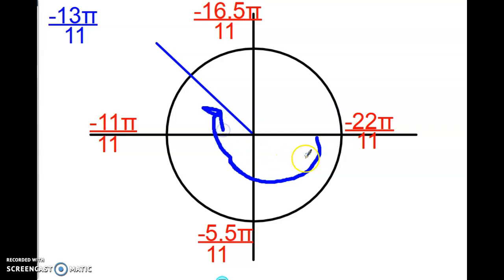Remember, I walked around the room and told you to do all that. And there you go, folks. So this is my terminal side. Now I got to get back to the x-axis. And if I'm at 13, I got to get back to 11, which is 2. And therefore, our reference angle, theta prime, is 2 pi over 11.